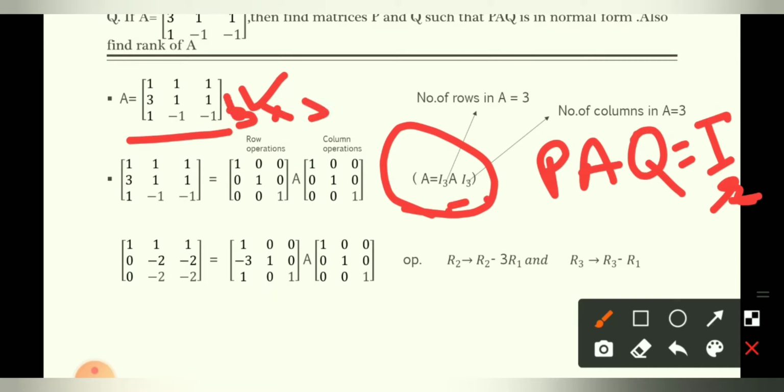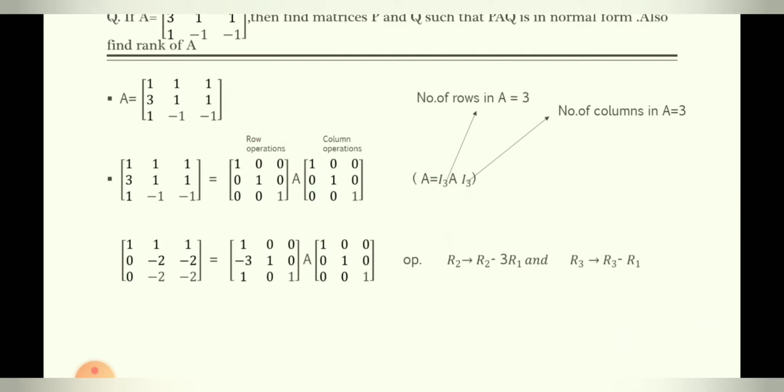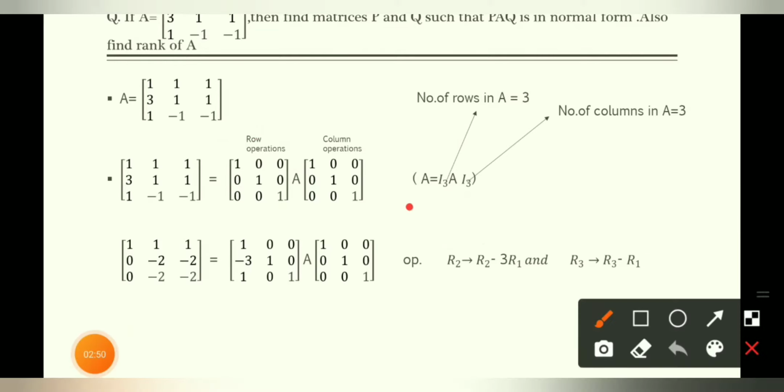If it has 4 rows and 3 columns, it will become I4. So however many rows there are in A, you put that number here. This is the first thing you have to do.